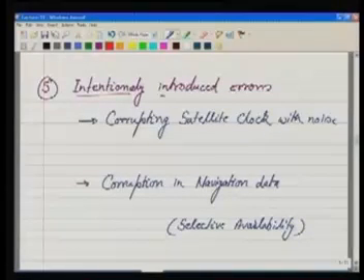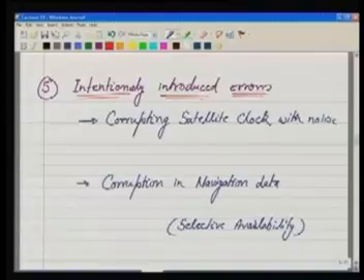Intentionally introduced errors. What is this? Because GPS is a Department of Defense system, DoD, they can corrupt the ephemeris which is being received from the satellite in the navigation data. They can corrupt that. They can also corrupt the signal or the clock information of the satellite.